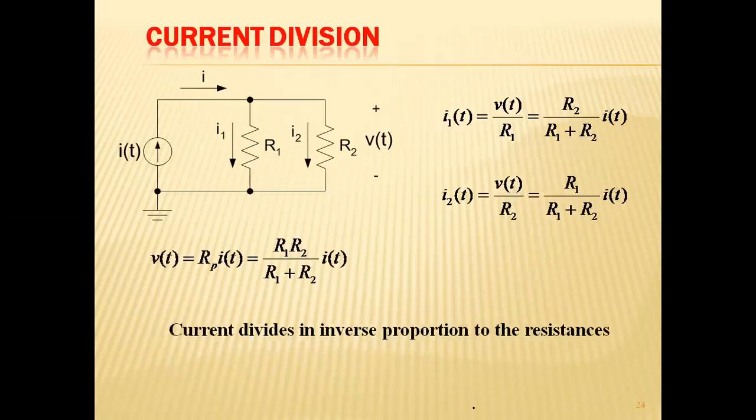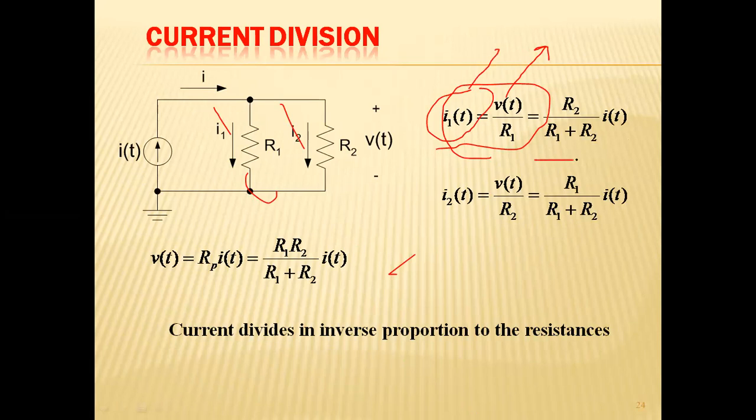Then current division. For the parallel connection, current division is there; for the series connection, voltage division is there. So this is the parallel connection of resistors, and current division will be there. The current I is divided into I1 and I2. I1 of t is V of t by R1. When I write V of t, it means the voltage at any instant of time t, and when I write I1 of t, it means the current at any instant of time t.